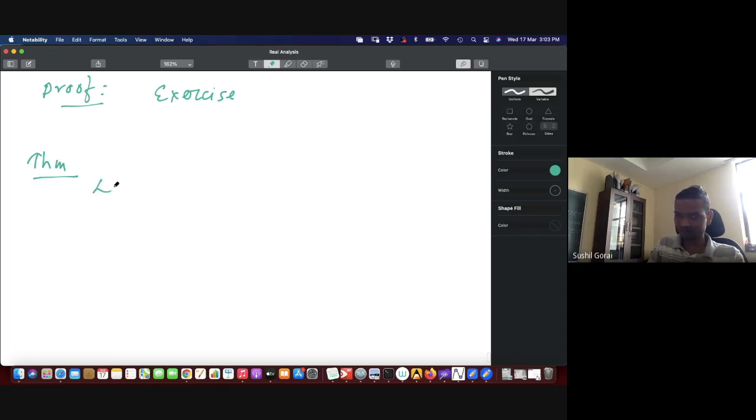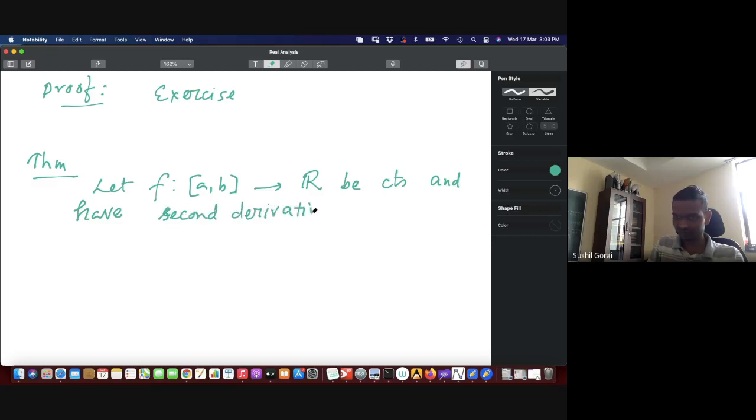So let f from [a, b] to R be continuous and have second derivatives on [a, b].